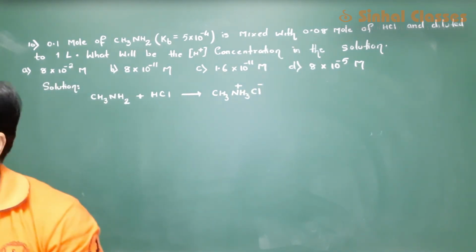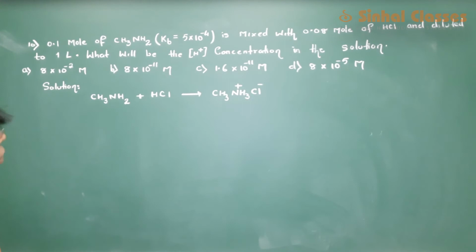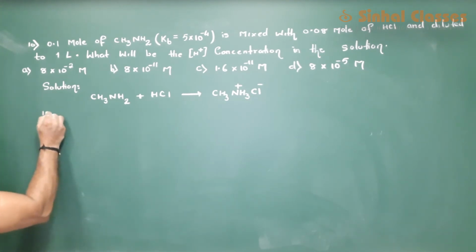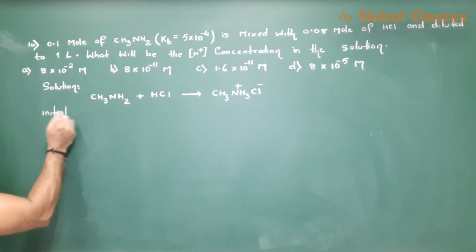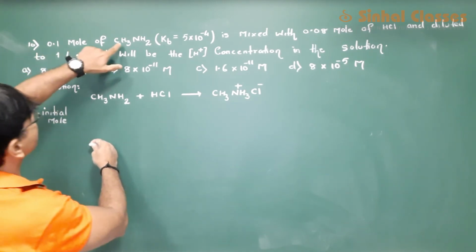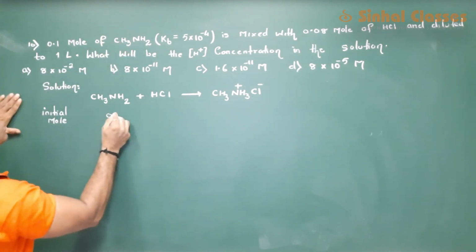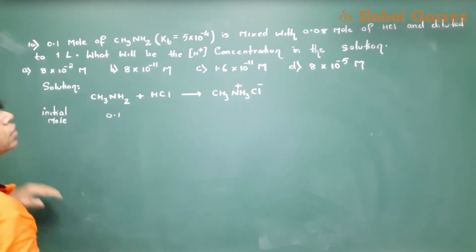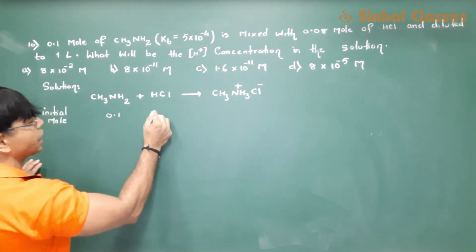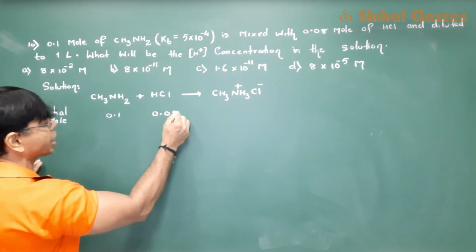So you get a salt. Now the initial mole for methylamine is given as 0.1 and HCl is 0.08.